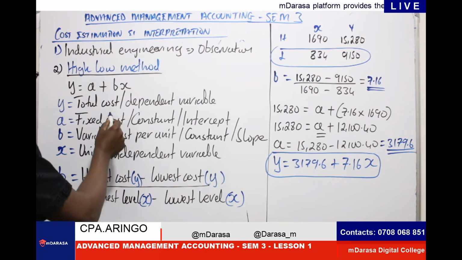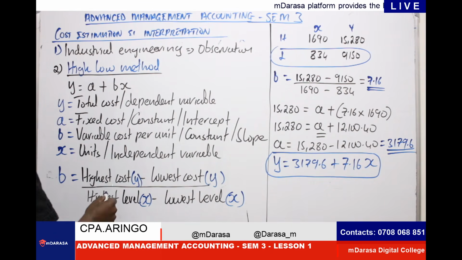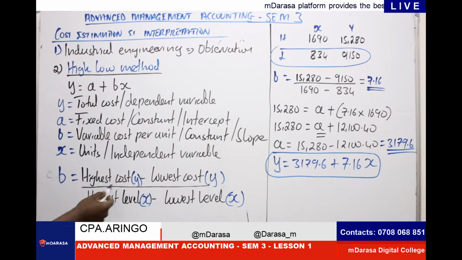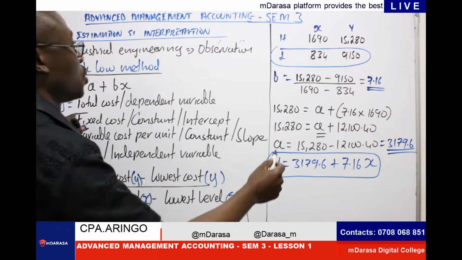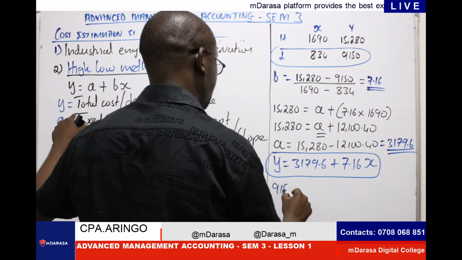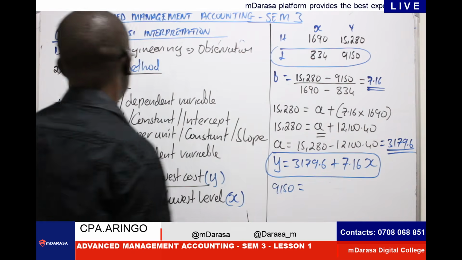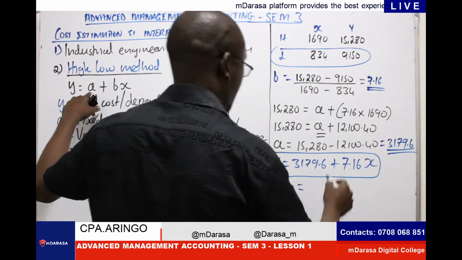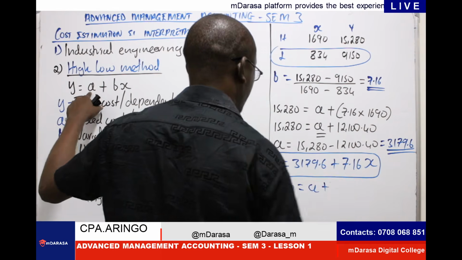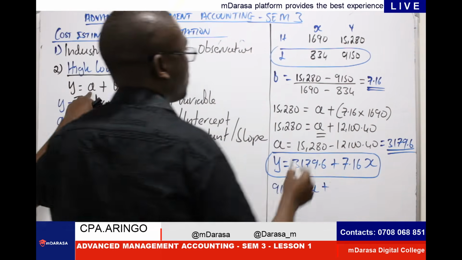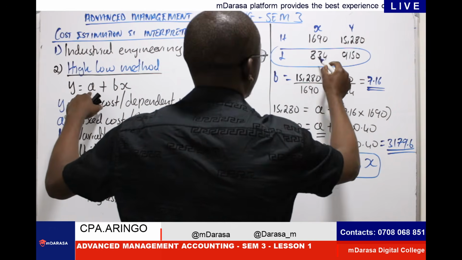And Mwalimu had explained for us all these variables. So I know my y, which is my total cost. If I'm using the lowest, I'll have 9150, which is equal to A. A is our fixed cost. We don't have A anywhere here. So A, a known value, plus I have X, which in this case, my X, we have what?